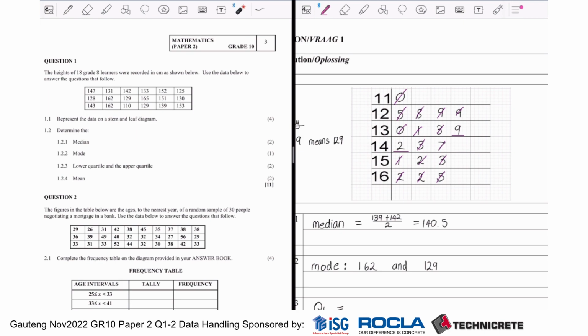So for the lower numbers, I'm going to start at 110 and 139, and I'm going to cross out until I find myself in the middle once again. Okay, and I find that to be 129. And I can do the same for the upper quartile, so I'm going to start at 142 now.